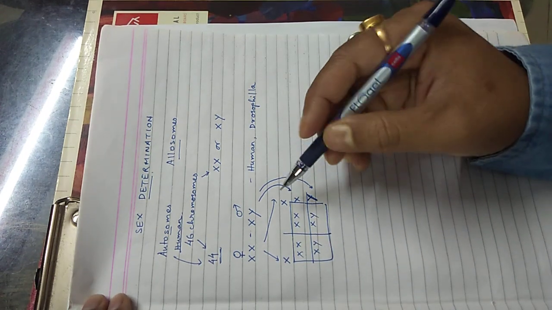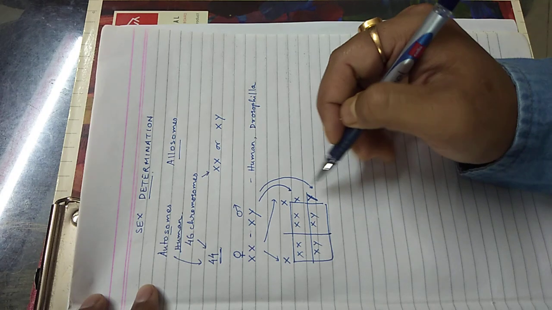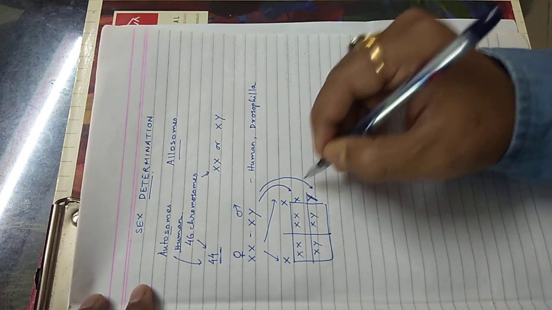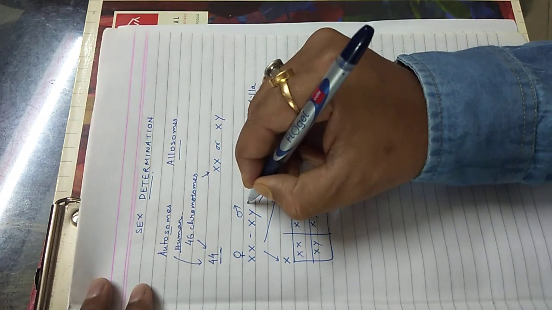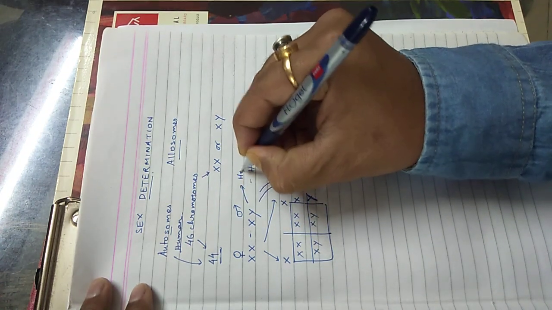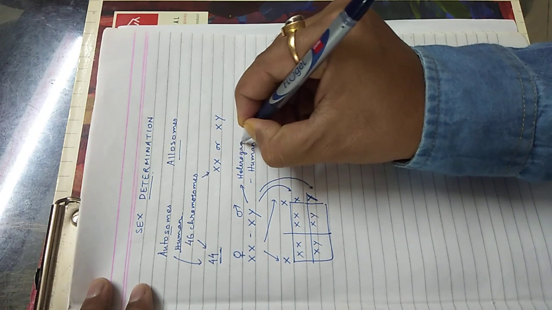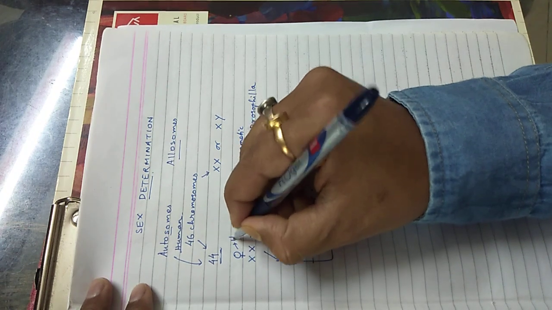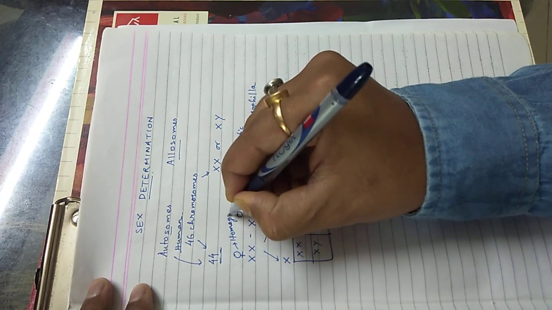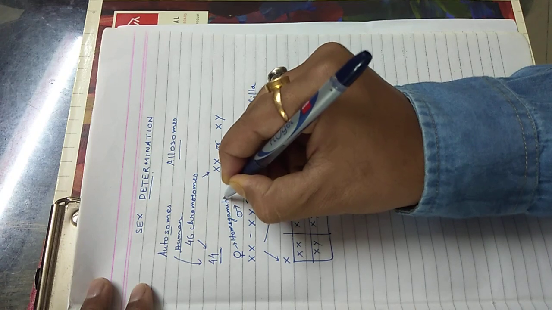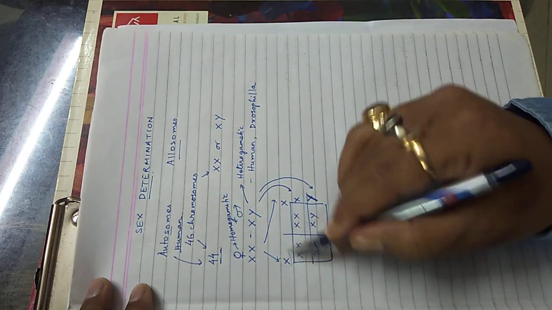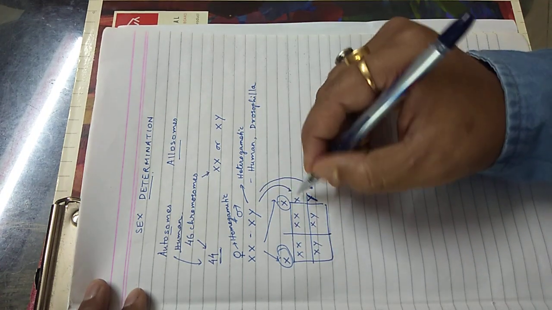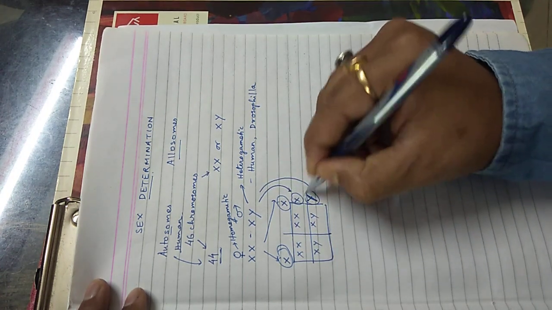When the males produce sperms, the sperm can be either X sperm or Y sperm, and therefore in case of human beings the males are called heterogametic and females are homogametic. Why homogametic? Because all the eggs formed will have the same combination, only the X chromosome, whereas the male sperms can be an X sperm or a Y sperm.